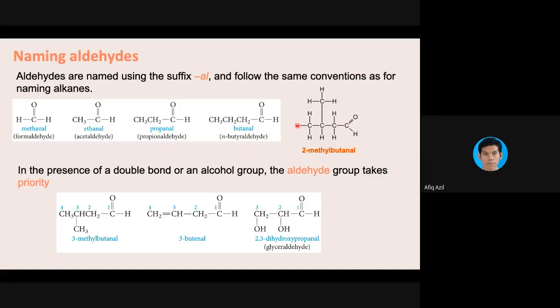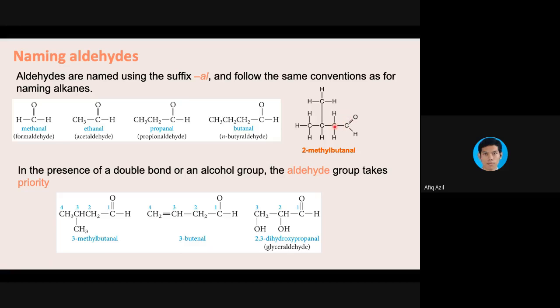Here is another example. If there are substituents attached to the carbon, same as previously, you have to check the longest chain containing the C double bond OH, and this carbon that is C double bond O will be carbon number 1. It will always be carbon number 1.